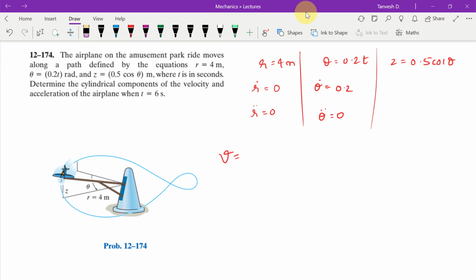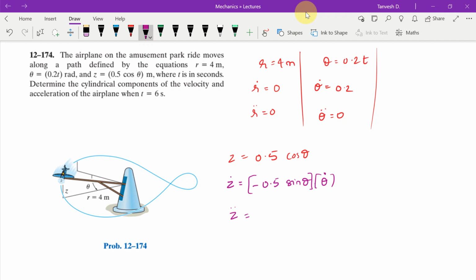Let us see. It is given as z is 0.5 cos theta. I'll directly differentiate it with respect to time. So z dot will be minus 0.5 sine theta into theta dot, and z double dot will be product rule between them.